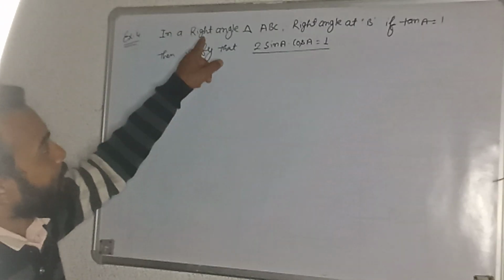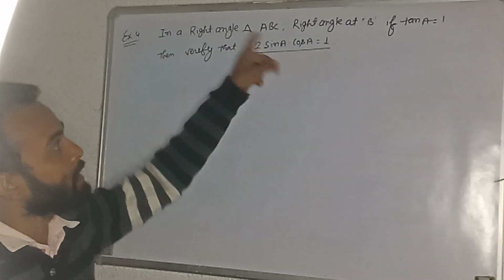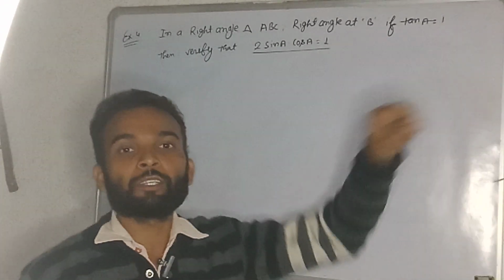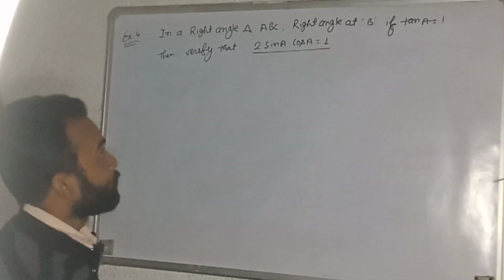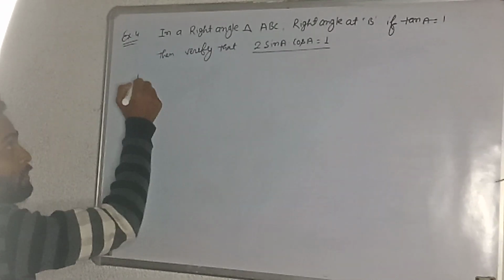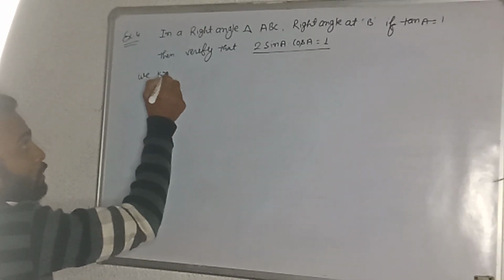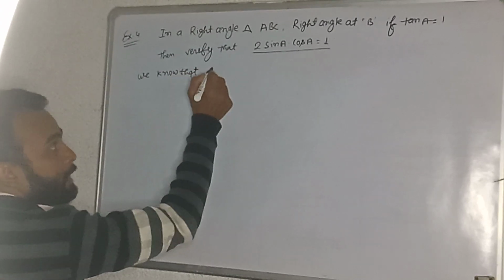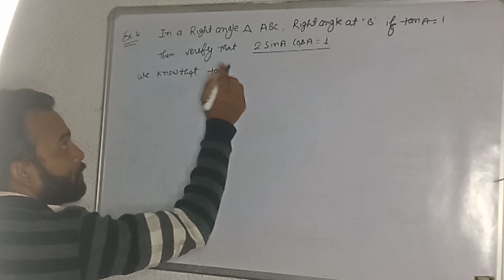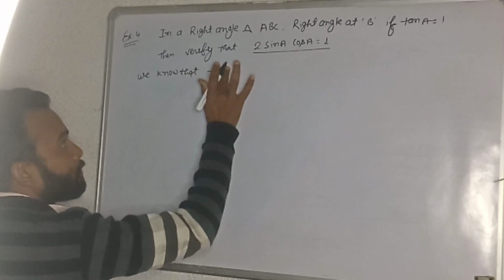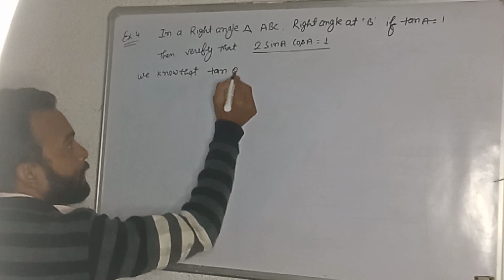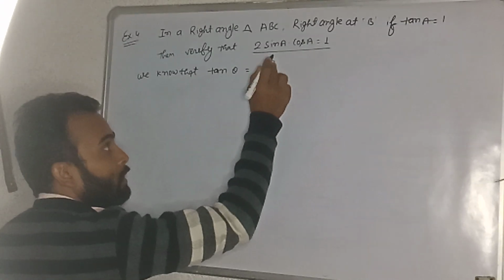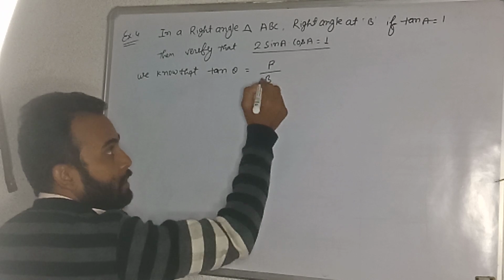Here it is given that ABC is a right angle triangle at point B and tan A is equal to 1. Now we know that tan theta is equal to P by B, perpendicular upon base.